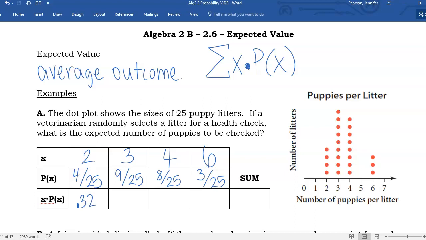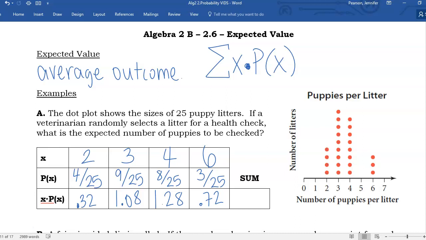For 3, we're going to do 3 times 9 divided by 25. That looks like 1.08. And 4 times 8 divided by 25 looks like 1.28. And our last one is 6 times 3 divided by 25, which looks like 0.72.